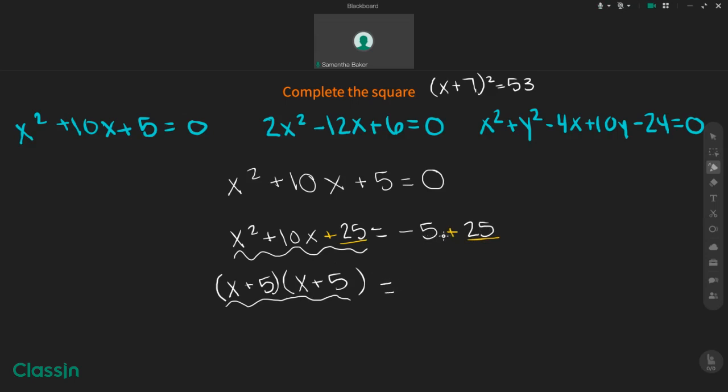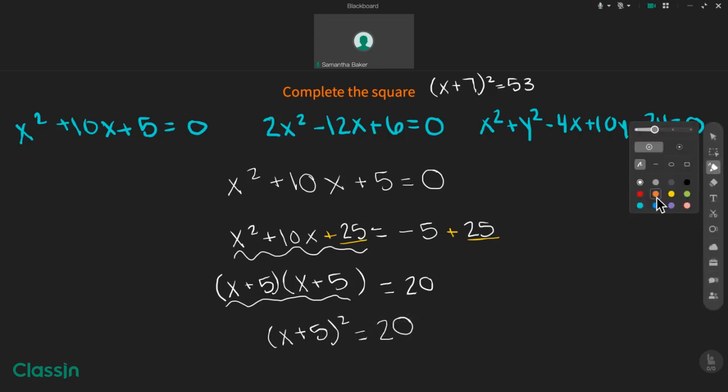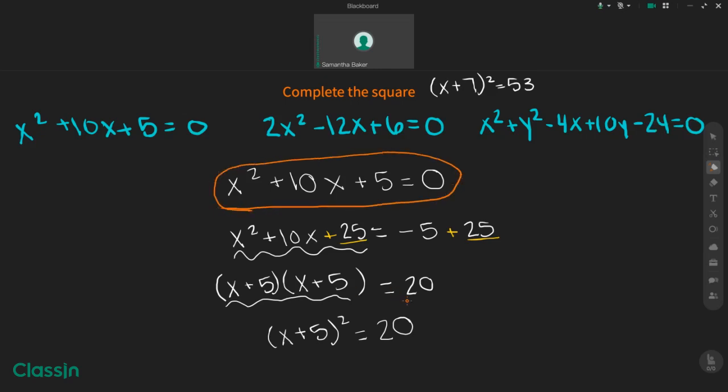So now let's simplify. Negative 5 plus 25 is 20. And then now I can rewrite x plus 5 times x plus 5 as x plus 5 squared equals 20.